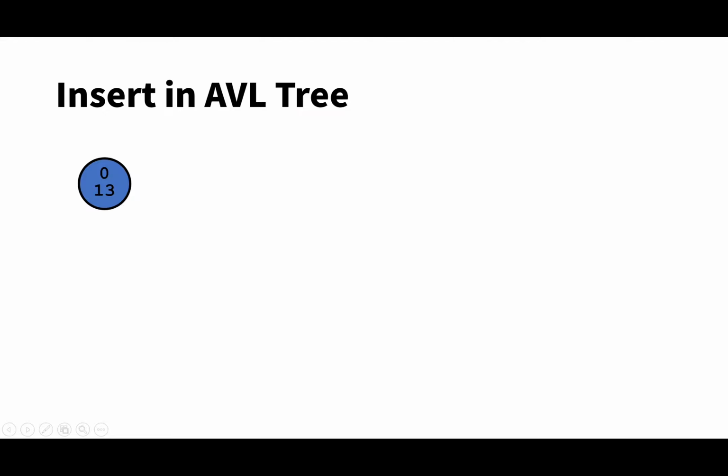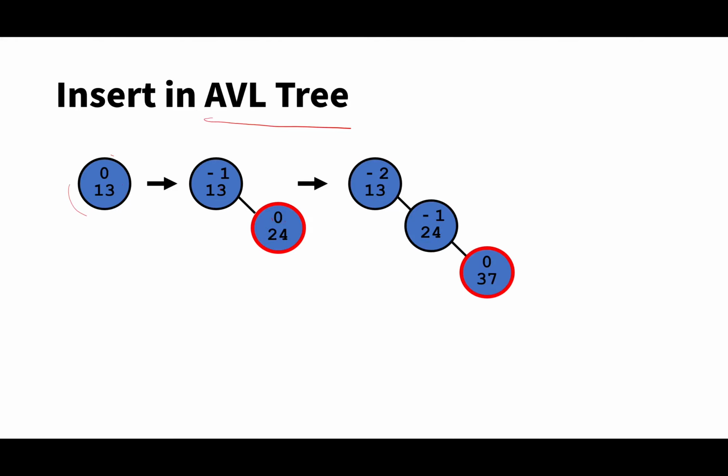We will see how to insert an element in the AVL tree. If this is an empty tree, then the inserted element becomes the root. Then we insert 24. It will be the right child of the root. And the balance factor, this is 1, this is negative 1, this is 0.